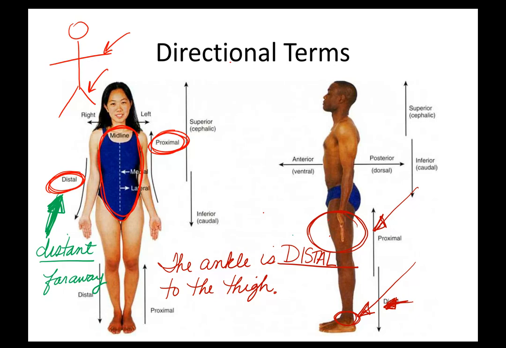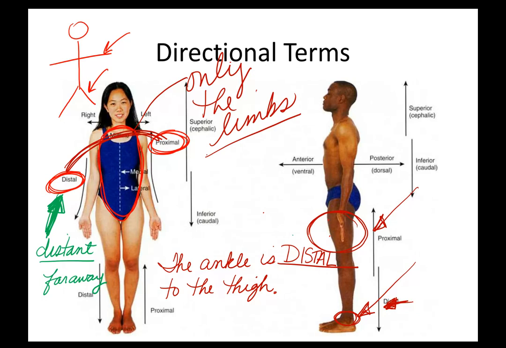Again, remember with proximal and distal, with these two terms here, it's only the limbs. It's only arms and legs. Now, while I can use superior and inferior with the limbs as well, I can also use those in the actual body itself.